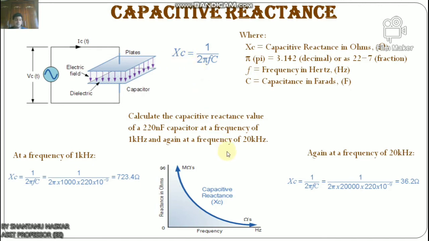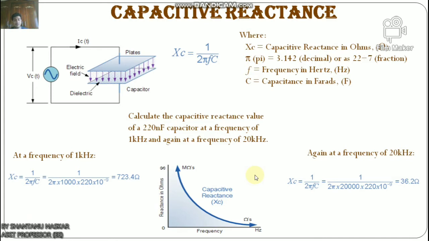Unlike resistance which has a fixed value, for example 100 ohm, 1 kilo ohm, 10 kilo ohm, because resistance obeys Ohm's law, capacitive reactance varies with the applied frequency, so any variation in supply frequency will have a big effect on the capacitor and capacitive reactance value.